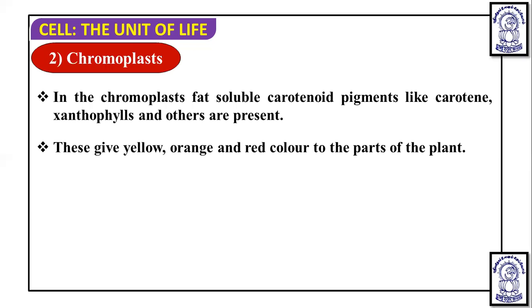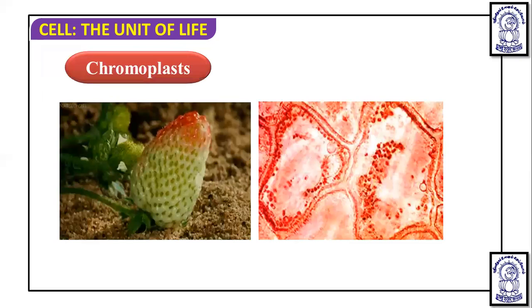Now, the chromoplast gives color like this. Okay. So if chromoplast gives such color, it is known that they are giving a red, yellow, and orange color.